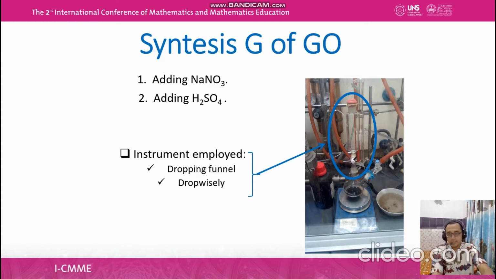By cooling in an ice bath, next potassium permanganate 12 gram was added to the mixture, keeping the temperature below 20 degrees Celsius, then processed for approximately 1.5 hours until the temperature showed 80 degrees Celsius.